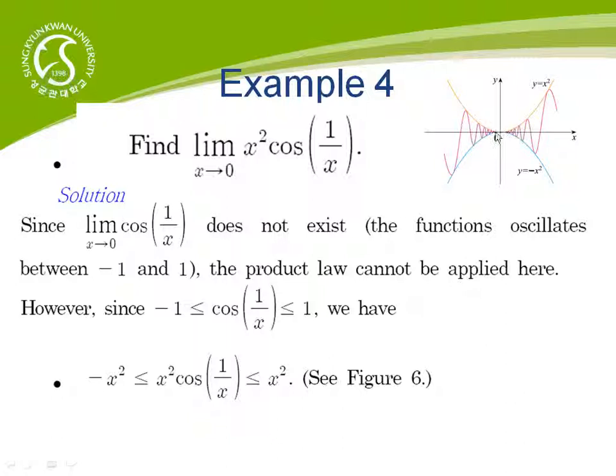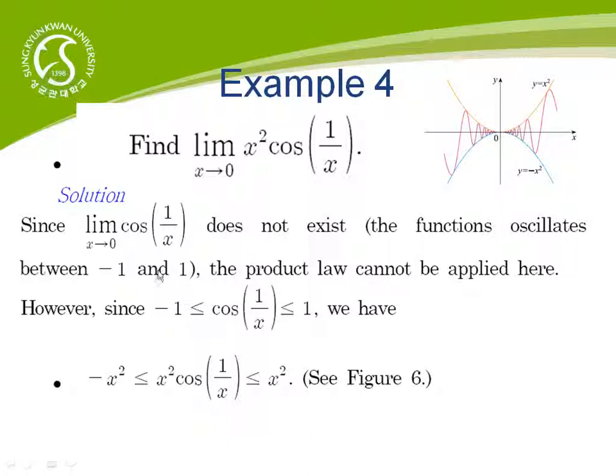What will it be? It's hard to find it by other ways. But we know this function is in between y equal x square and y equal minus x square.